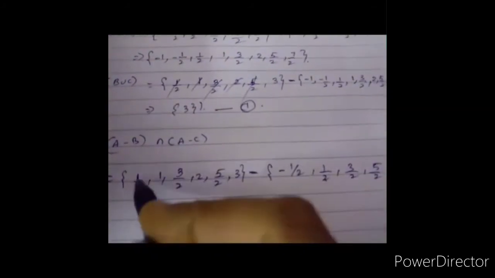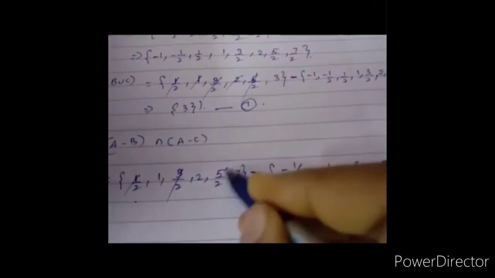Minus B value is -1/2, 1/2, 3/2, 5/2, then 7/2. So if any of the elements of B is present in A, strike out that element: 1/2, then 3/2, then 5/2. The remaining is 1, 2 and 3.